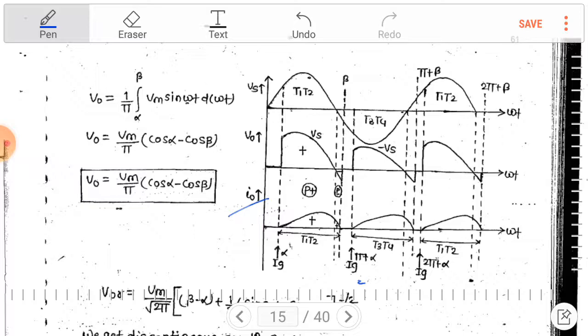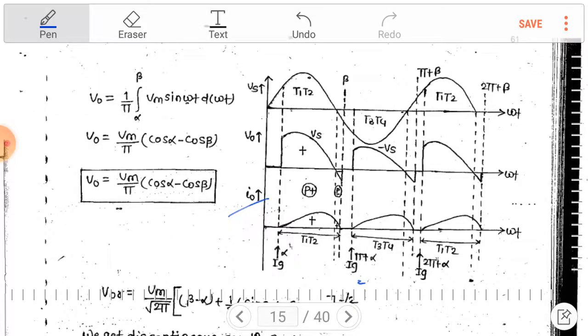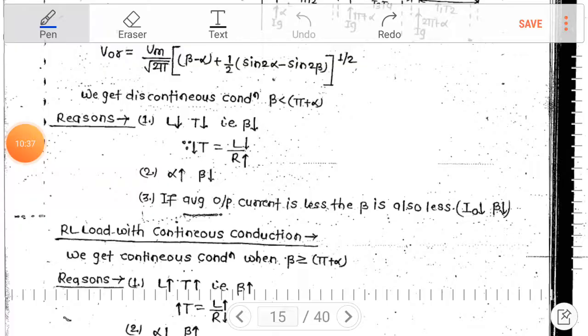It means the current will be zero at a certain time. If we can increase the discharging time of the inductance, we can get continuous conduction if our beta is greater than pi plus alpha. So for discontinuous conduction, beta should be less than pi plus alpha.